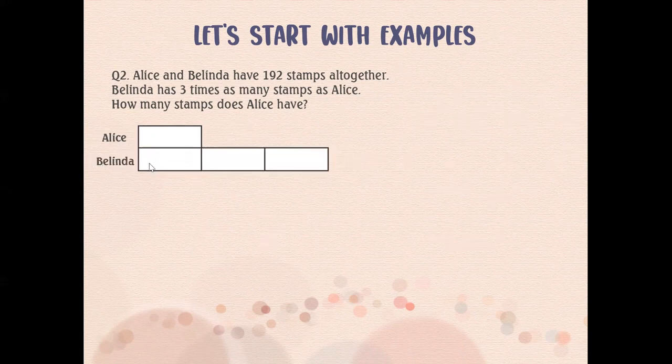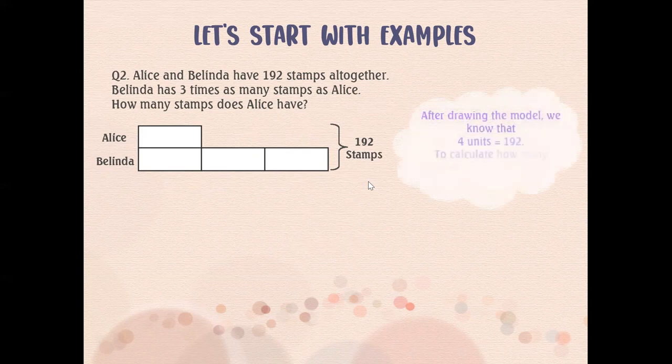And Belinda has 3 times as many stamps as Alice, so we will draw 3 units for Belinda. We know that the total of their stamps altogether is 192 stamps. So from the model, we know that 4 units equal 192.